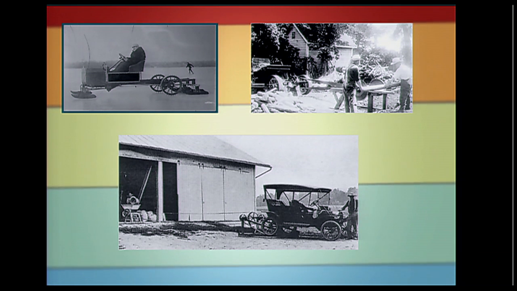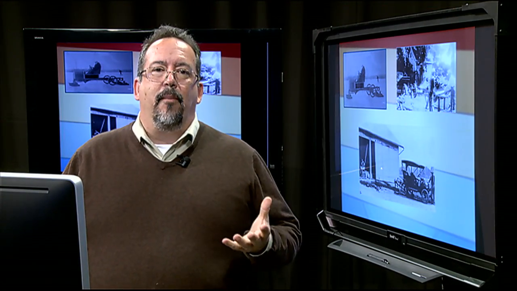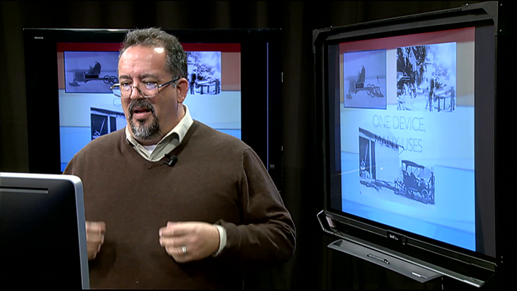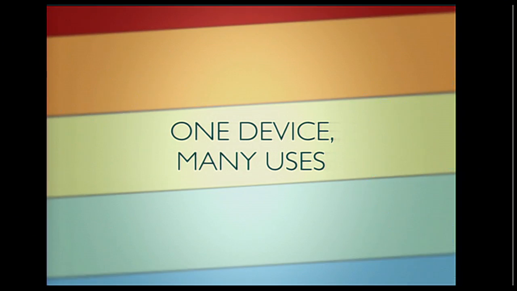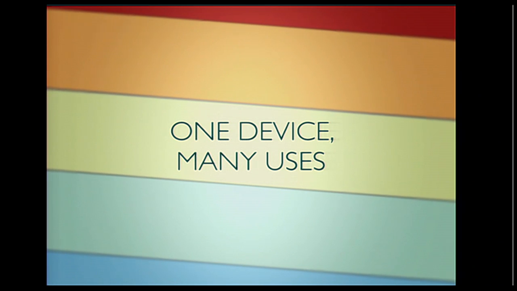So they got a lot of uses out of a single device. That's something you need to think about when you're using apps as well. Can we just use this app for one thing, or can this app be used for multiple things? One device, many uses. That's what we did with that Model T.